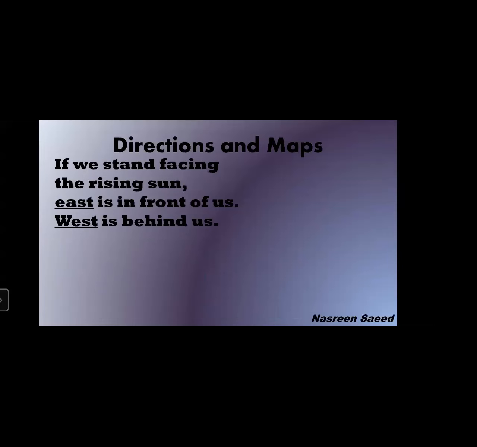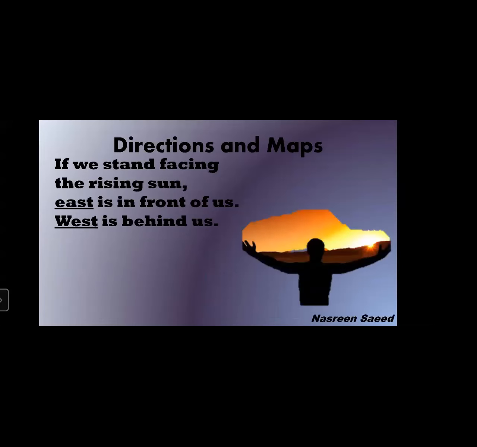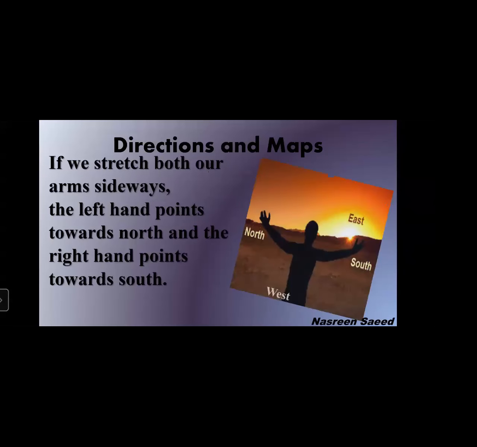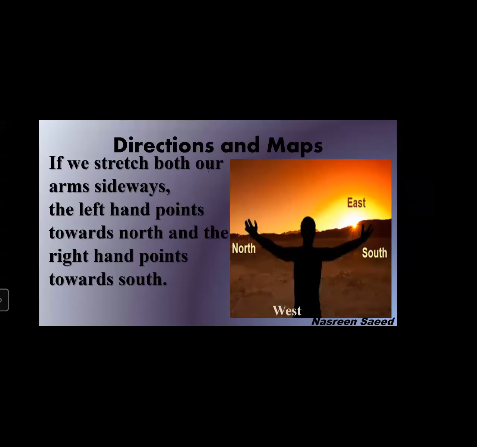Okay. Now, we have all done this in third standard. Again, explaining that if we stand facing the rising sun, east is in front of us. Obviously behind us is west. If we stretch both our arms sideways, the left hand points towards the north and the right hand points towards the south.